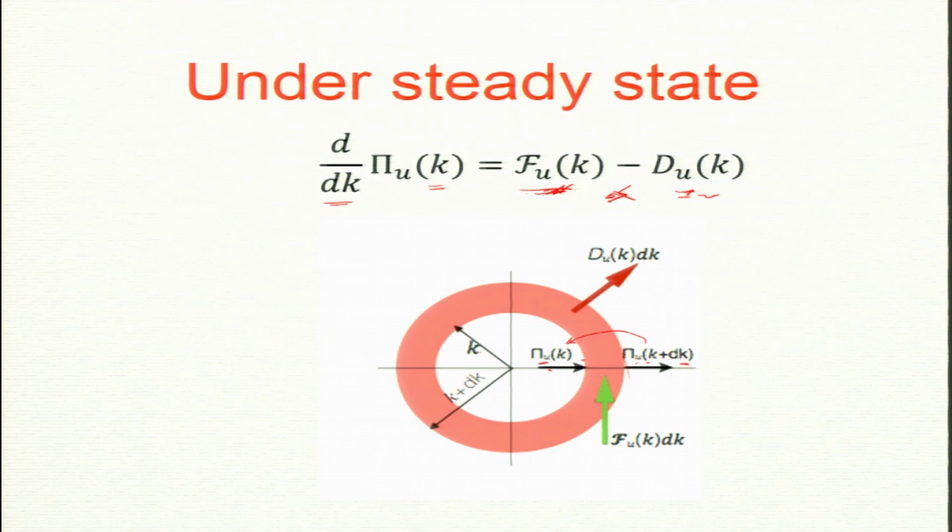Given the source, somebody will compute F_u(k) and D_u(k), and with that I can compute the flux as a function of k. In fact, you can solve this differential equation. If I can write this as a function of E, in principle I should be able to solve it. Okay, that we will do later, maybe well after the midterm exam.